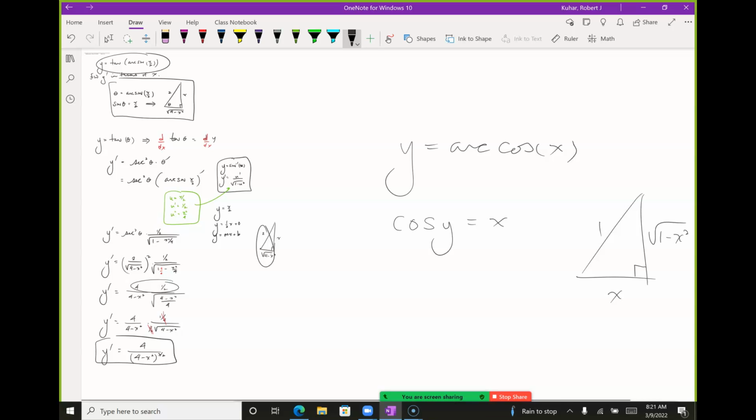And you can already see where the derivative is going to come from there. You can see all the pieces of the derivative in that triangle. And so then I take a derivative, and where do I get the negative from? Well, derivative of cosine is negative sine. So I get a negative sine of y times y prime. And remember, my angle here is y, not y prime, just y. And so you can see I'm going to get y prime as negative 1 over sine y, right? It's almost instant at that point. But I'm not asking that on your test.